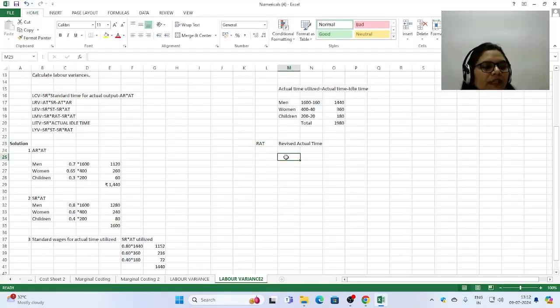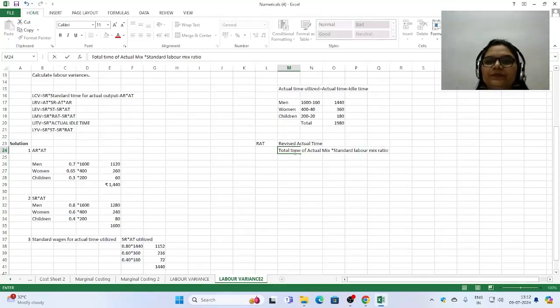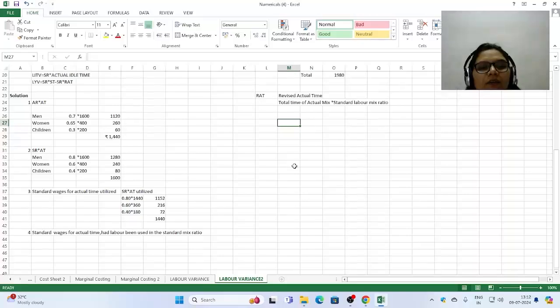Now, the formula for revised actual time is total time of actual mix into standard labor mix ratio.